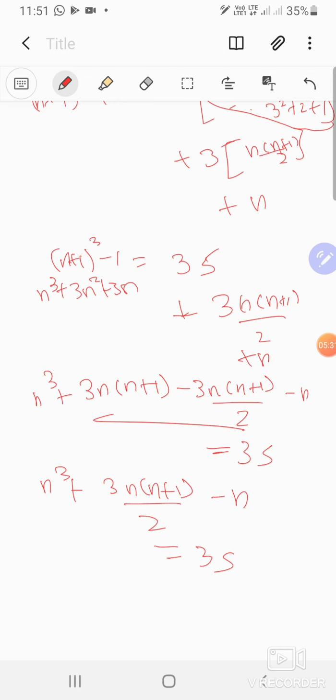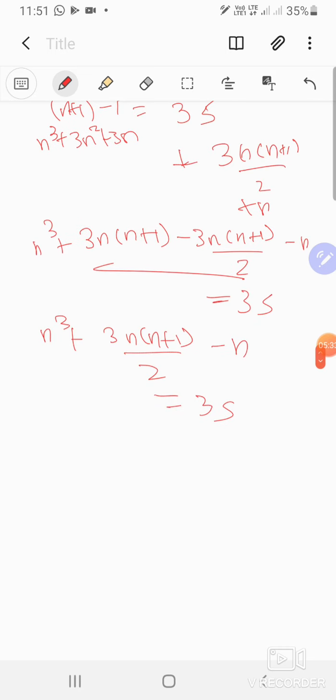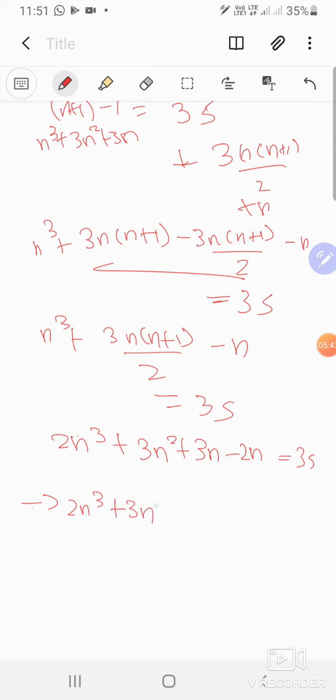Now we need to do some algebra. I mean, we need to simplify this first. That will give me 2n cubed plus 3n squared plus 3n minus 2n is equal to 3s. So that gives me 2n cubed plus 3n squared plus n equals 3s.